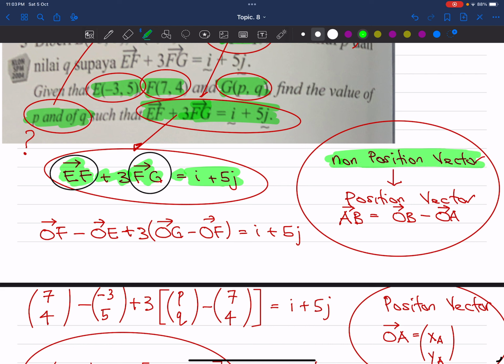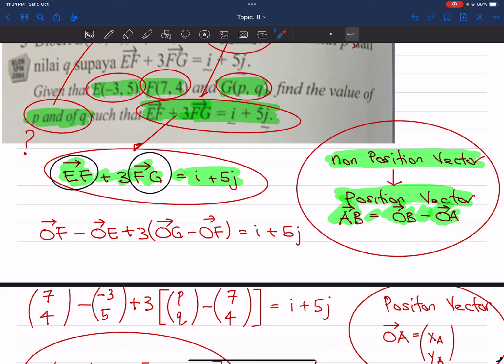And these non-position vectors, we can change to position vectors by the formula: the non-position vector AB equals OB, the second letter, minus OA, the first letter.